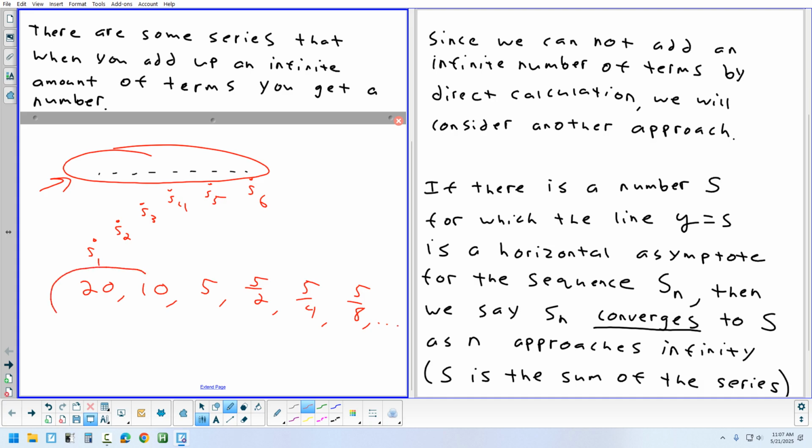This is the kind of sequence where you could add up infinitely many items and you would get an answer. The reason is that the individual terms you're adding are getting smaller and smaller. Eventually these terms get so small that when you add them, they don't even make a difference. Even though there are infinitely many of them to come, they're infinitely small, so they don't make a difference.